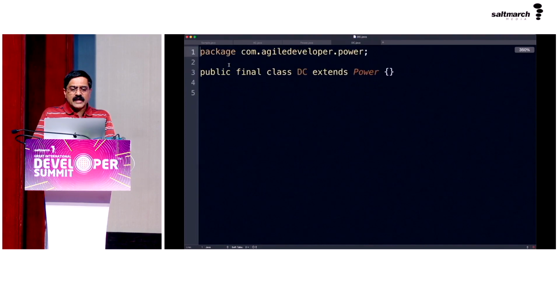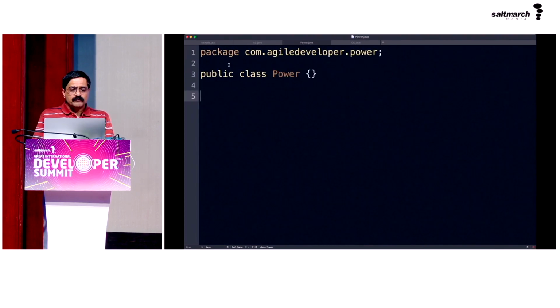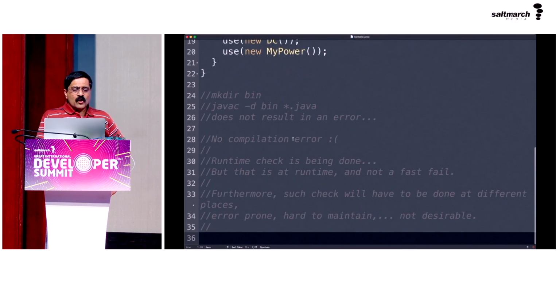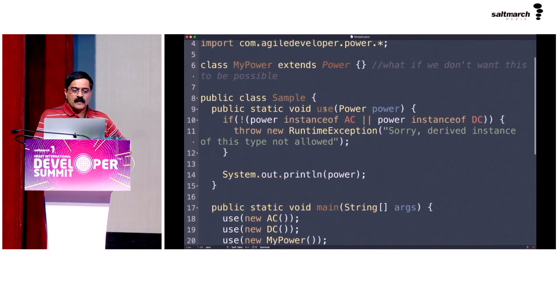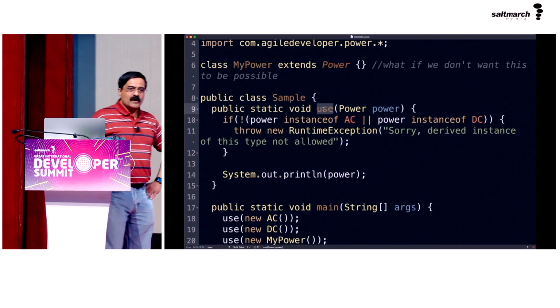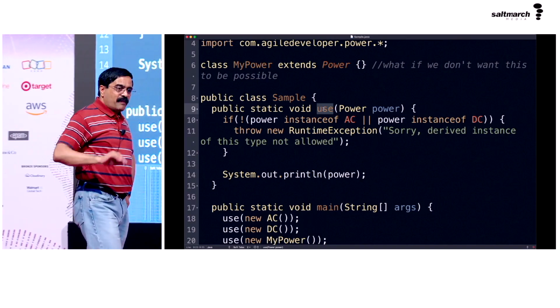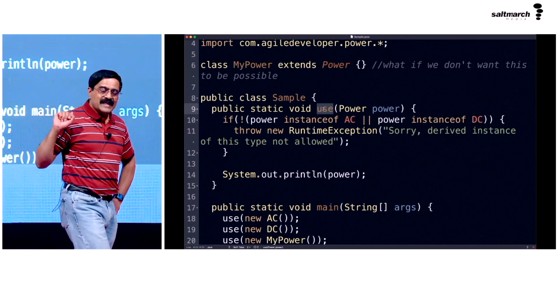So here is again my power that is sitting there, my AC power and then my DC power. And again, like the solution we saw, no compilation error though, but guess what we can do? In the use power, I am going to say, aha, I got an idea for you. Power is public, so anybody can see it.